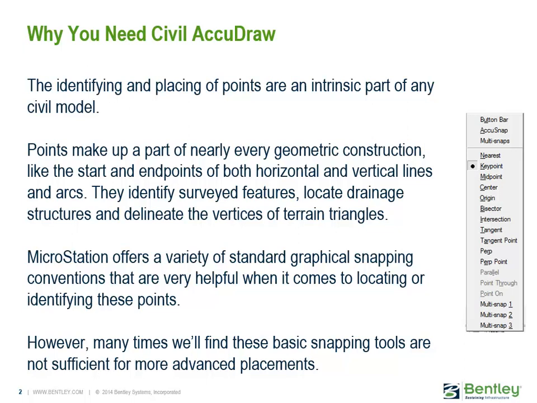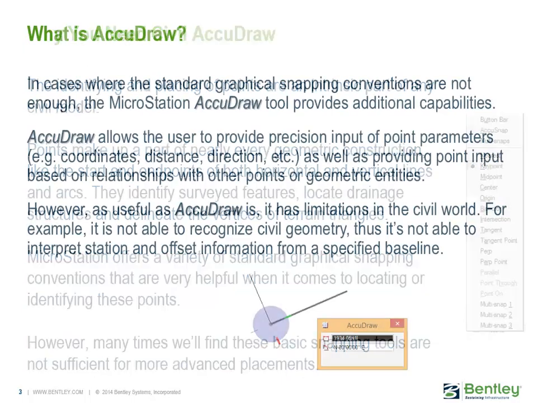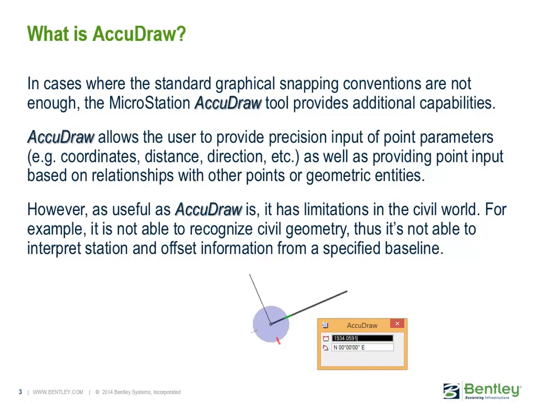However, many times we'll find that these basic snapping tools are not sufficient when you want to do more advanced placements. Now, in cases where these standard graphical snapping conventions in MicroStation are not enough, the MicroStation AccuDraw tool provides us with additional capabilities.